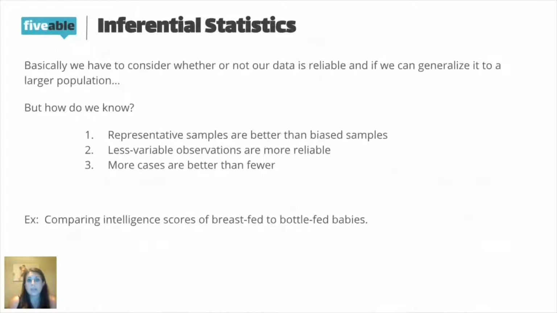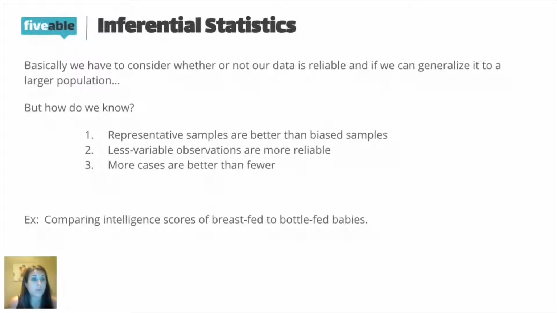If I'm trying to make a generalization about breastfed versus bottle-fed babies in the United States, I can't go into one hospital in Madison, Wisconsin, and find out who's breastfeeding and who's bottle feeding and then compare that data. That does not give me any sort of an accurate representation.